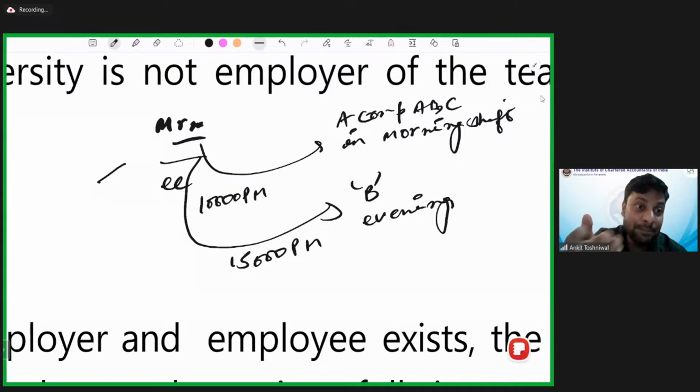Both. There is an employer-employee relationship. So whether the salary is part-time or full-time, it is salary. If there is a relationship of employer-employee, it is taxable under the head salary.